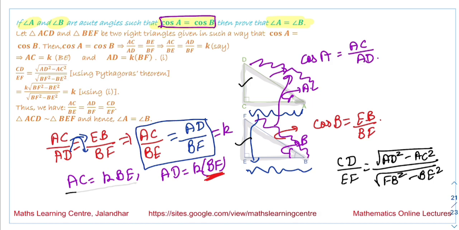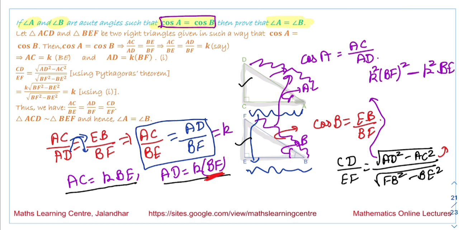Now if we substitute these values in this equation, in place of AD we are writing k times BF, square, minus AC square means k square BE square, whole square root over square root of BF square minus BE square.